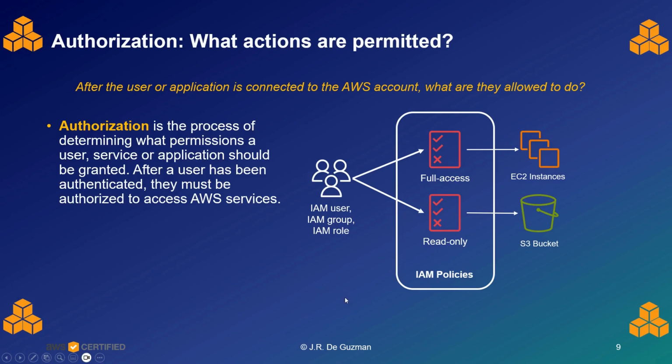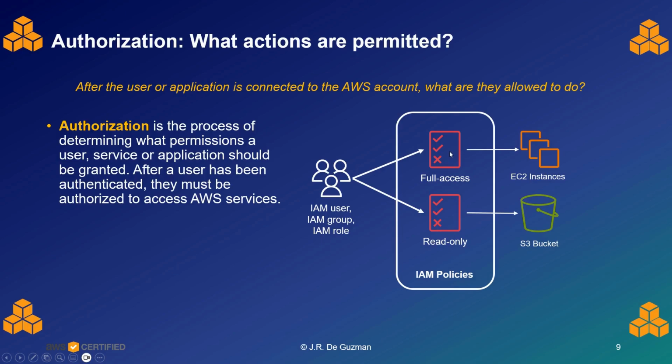As you can see in this diagram, you have your user, group, and role, and each of them has an assigned policy, meaning they can have both full access and read-only access for specific AWS resources or services.